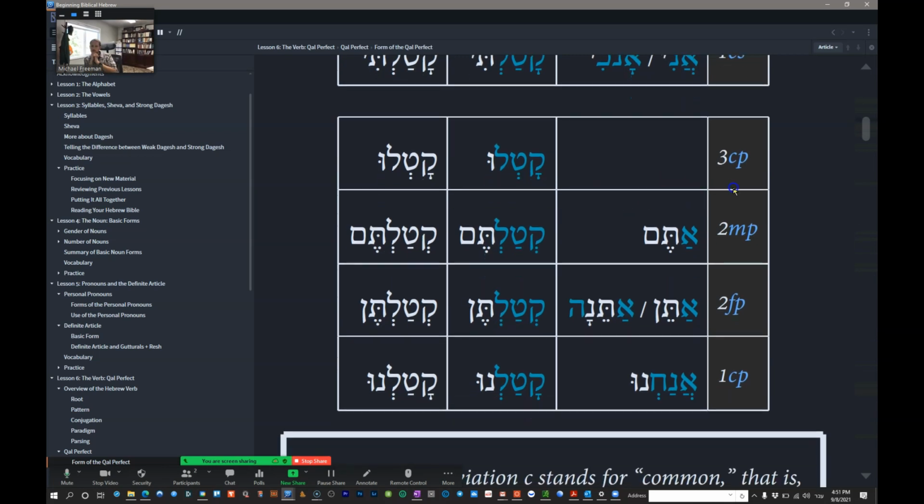Then we move to the plural forms. For the third common plural, this doesn't really come from the pronoun. We'll just add a shurik to the end. But shurik, you'll find in Hebrew, often indicates third person plural. So when you see a shurik at the end of a word, a Hebrew reader is going to think plural.